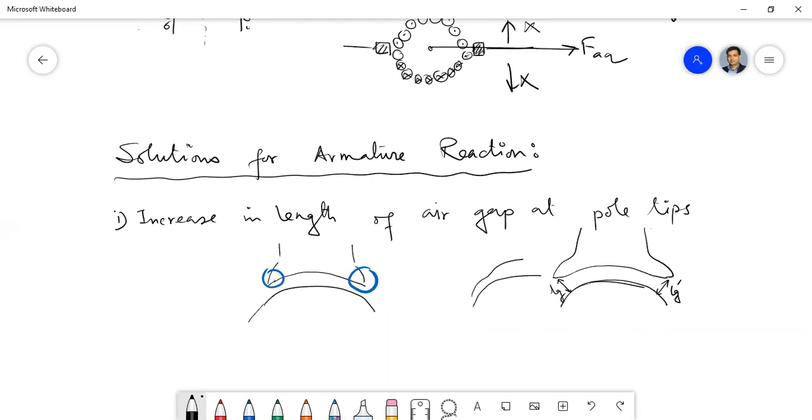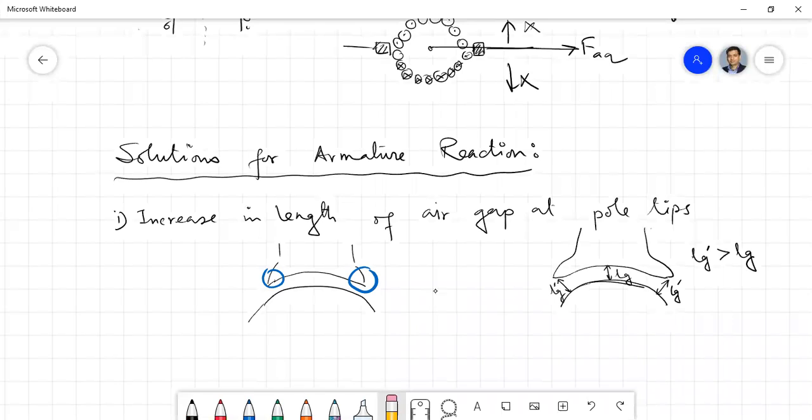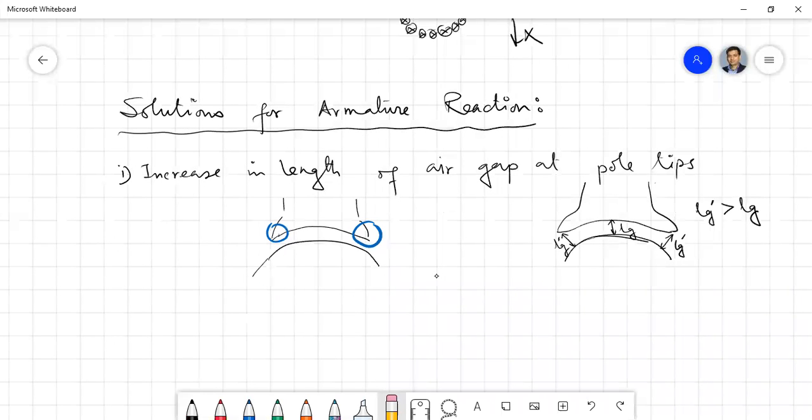Now if this is LG, the length of air gap, then LG prime, which is at the pole tips, is increased from the LG value under the pole shoe, isn't it? So this is one solution, as you have rightly pointed out. This is called chamfering of the pole tips.